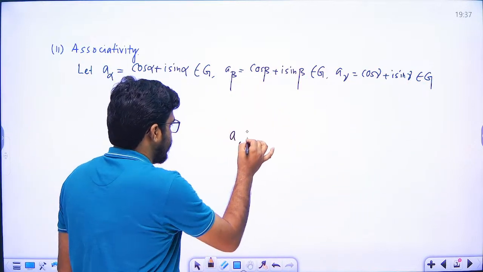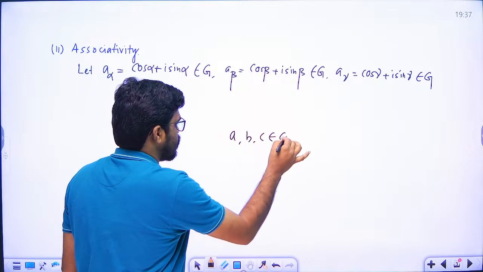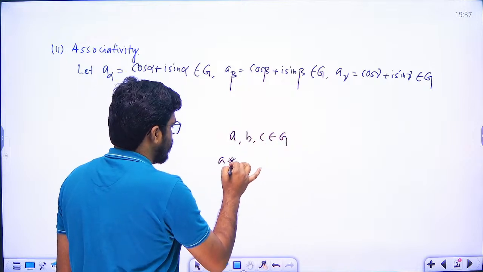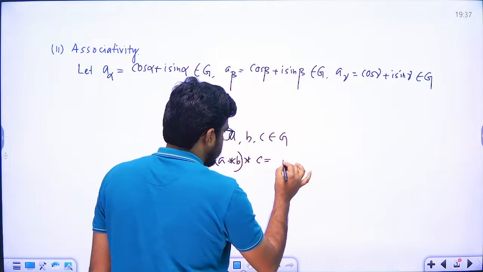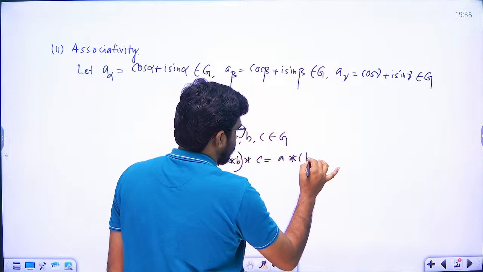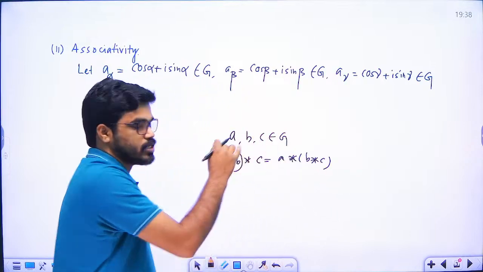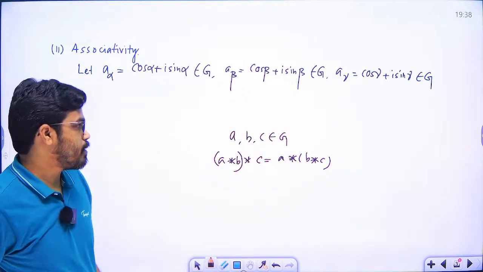a, b, c belongs to G. What is associative property? a star b star c, where we just change the bracket. This property is called associativity, right?